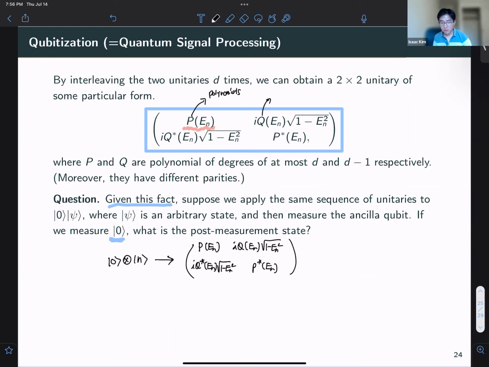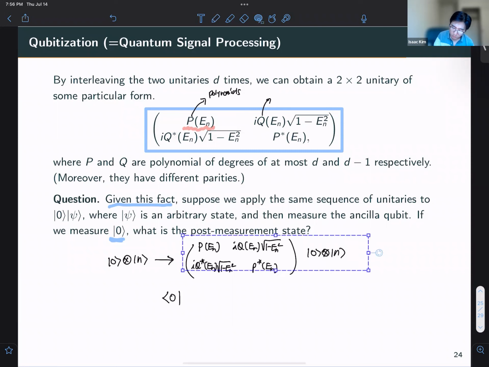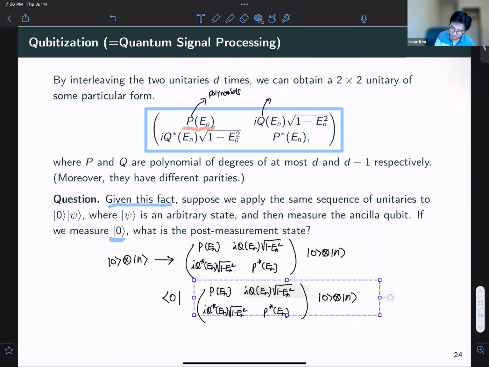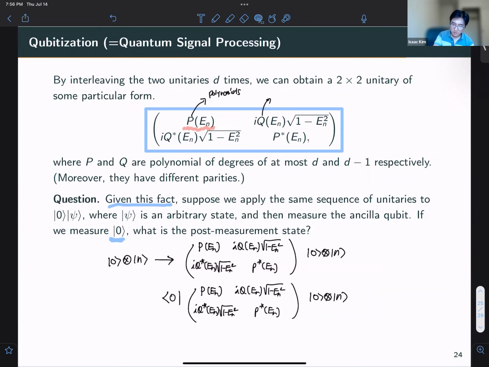This is the unitary transformation that's going to act on that 0 tensor n. And then we're going to measure the first qubit in the 0 and 1 basis. And if we measure 0, we're just going to have to contract. We're going to apply the bra version of 0 from the left. So then what do we get? We are simply getting P of En.